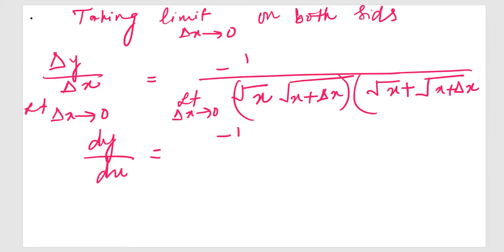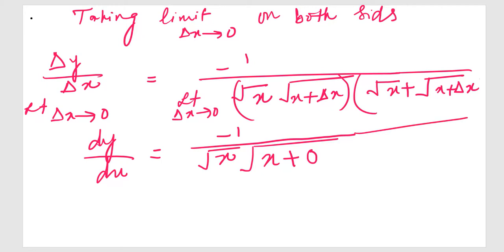And here is negative, we have to apply on delta x, so this square root of x will remain the same, multiplied by x plus delta x, which will be 0. And here we have 1, square root of x will remain the same. This will be x plus 0.